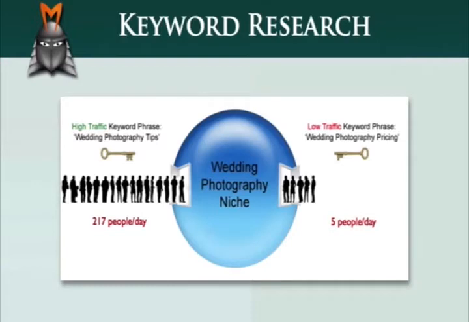This means that each keyword phrase has a value based on the number of people who are using it to access a particular niche. The keyword phrase wedding photography tips generates more traffic to the wedding photography niche than the phrase wedding photography pricing. As a result, the phrase wedding photography tips is considered to be a more valuable keyword phrase than the phrase wedding photography pricing.